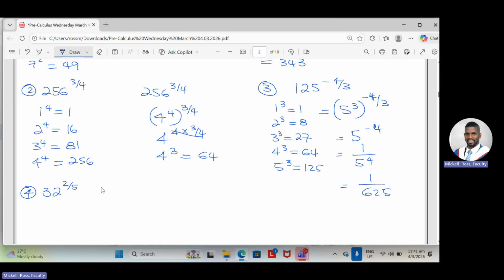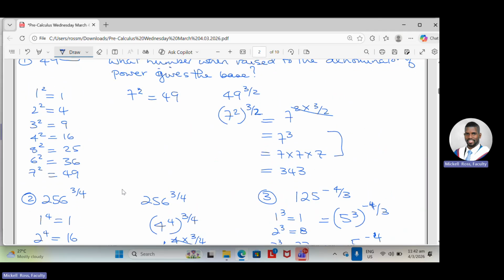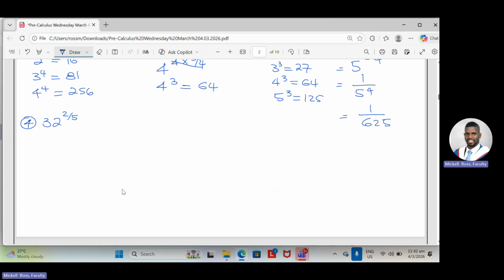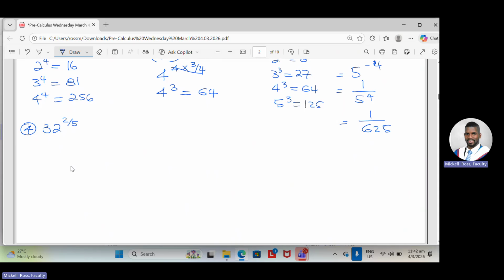Again, the question we need to ask ourselves: what number, when you raise it to the denominator of the fraction, is equal to the base? Is 1 to the 5th power equal to 32?